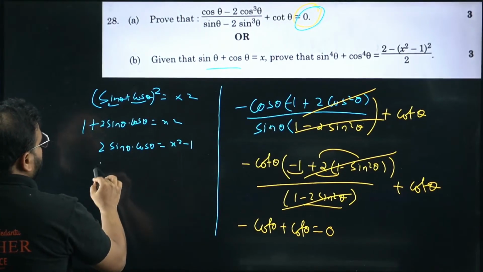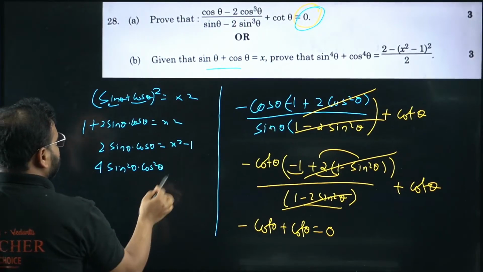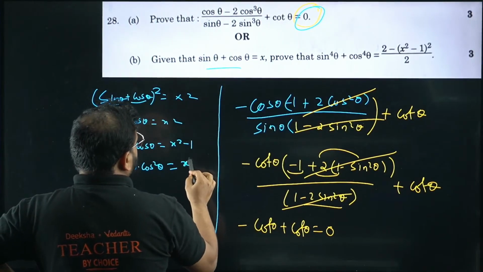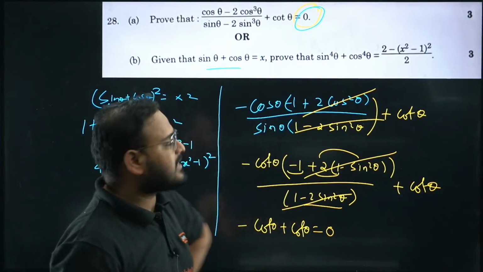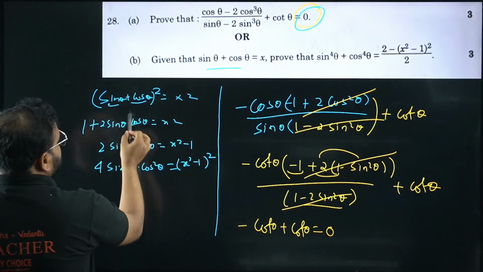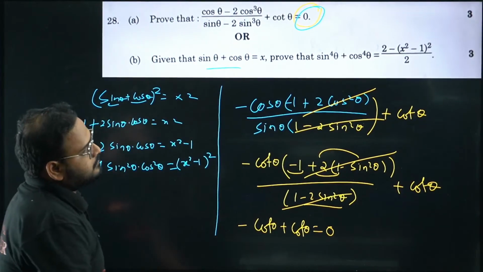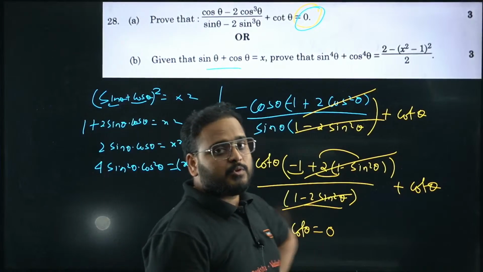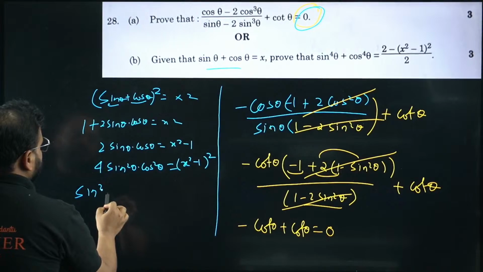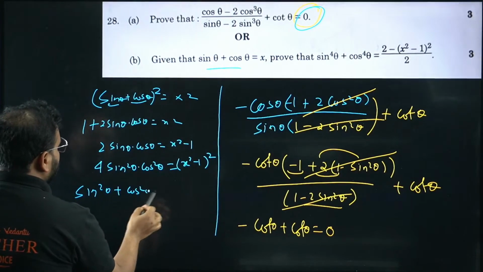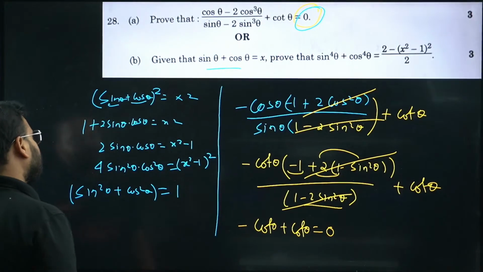You're going to get 4 sin square theta cos square theta equals x square minus 1 the whole square. Okay, what are you going to do next? Take this equation and again whole square it. I'm asking you to do this: sin square theta plus cos square theta equals 1, we have this, right?